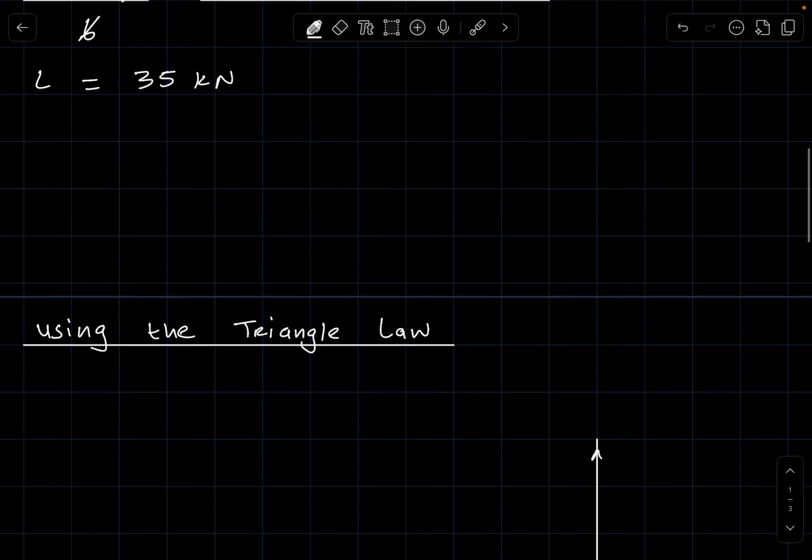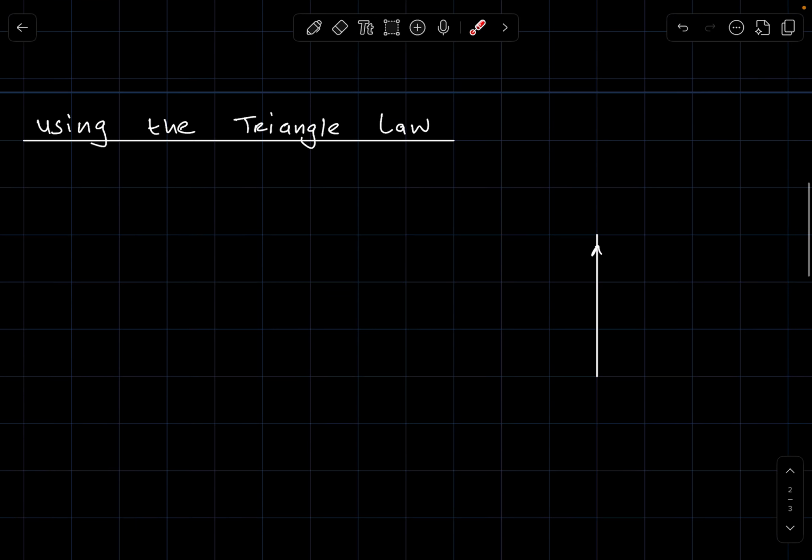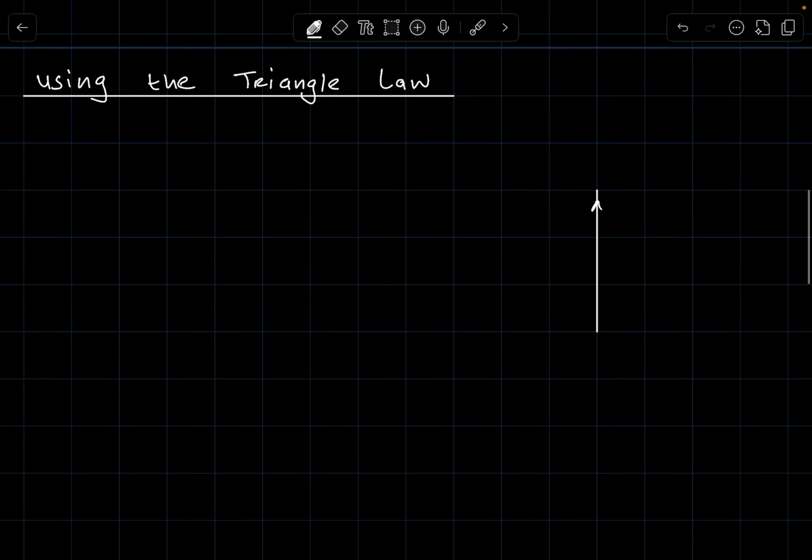That force is force L. Now, in constructing the sides of a triangle, you must make sure that you stick to the directions that have been given. We do not have the direction of this one, nor the one for this one, but we have the direction of L. It's heading upward. So you draw L heading in the direction that has been given, which is upward. So this is L. L is 35 kilonewtons in magnitude.